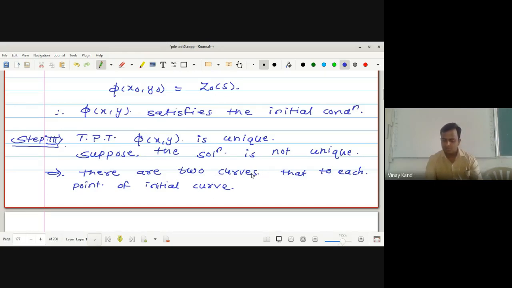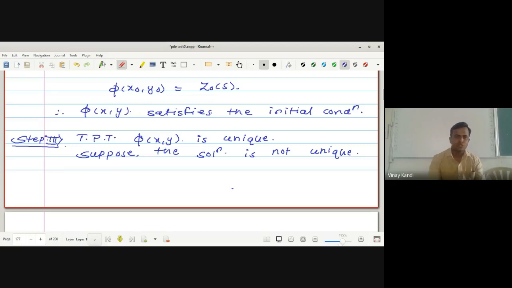Wait a minute. Sorry, this sequence. Suppose the solution is not unique. What it implies?